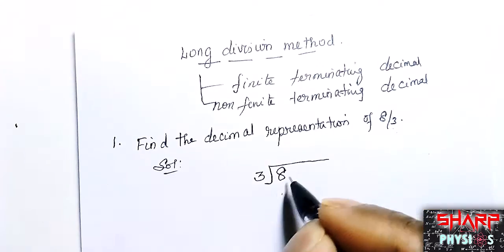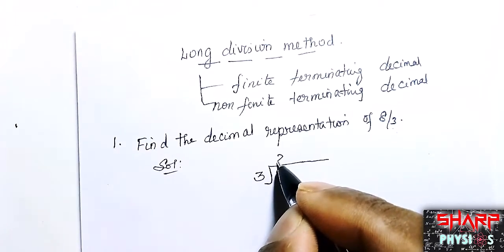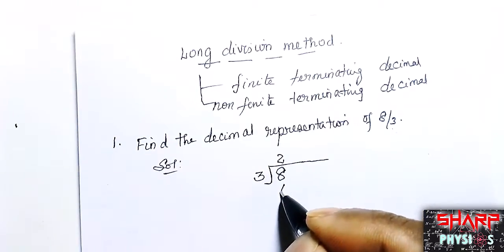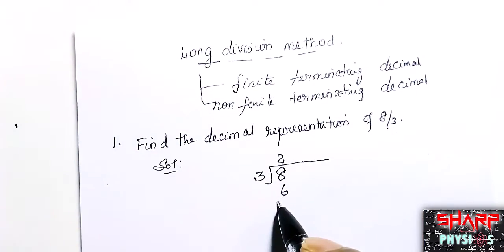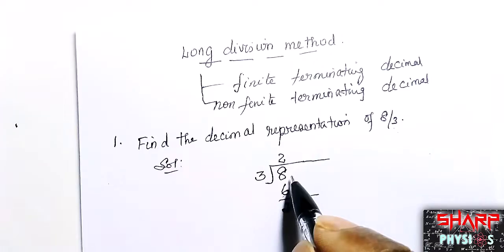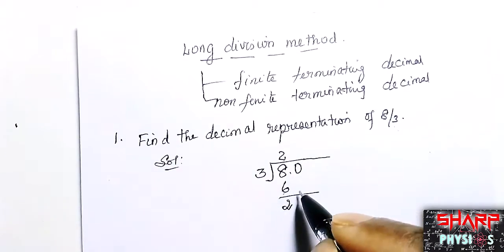You can see here 8 is greater than 3. 3 twos are 6. So we get a remainder 2 by normal division. Then you place a point here and add a 0.